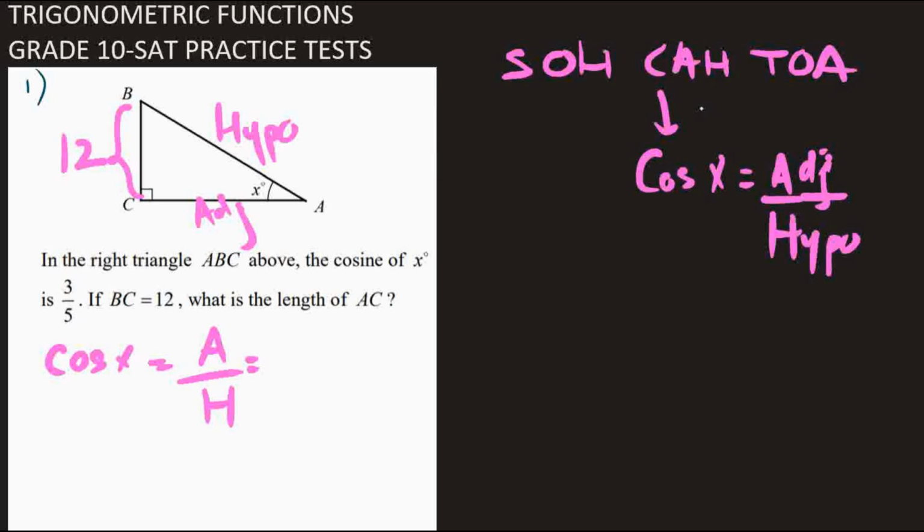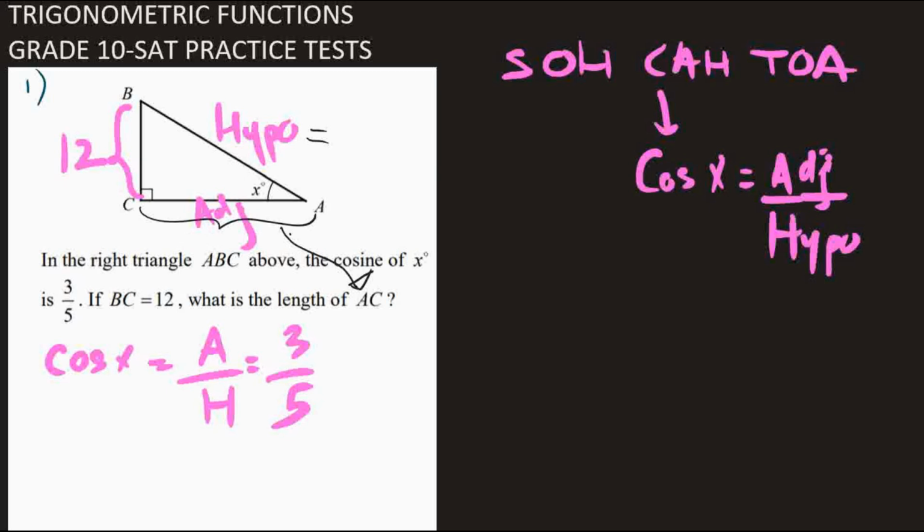Now we have adjacent over hypotenuse is 3 over 5. And what is the length of AC? That is the question. So this is the question mark.